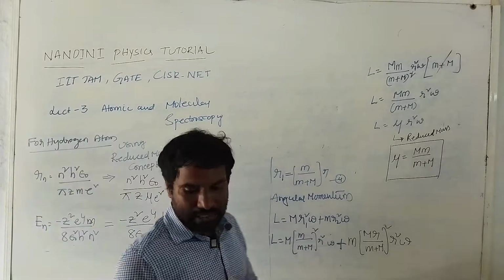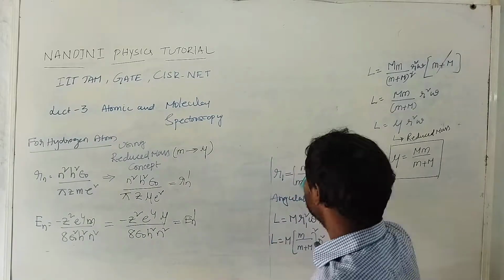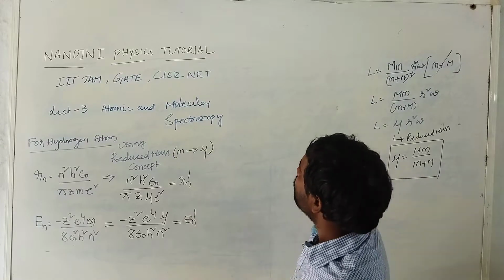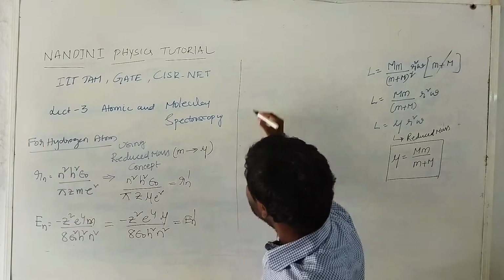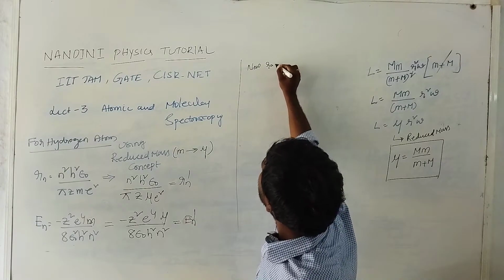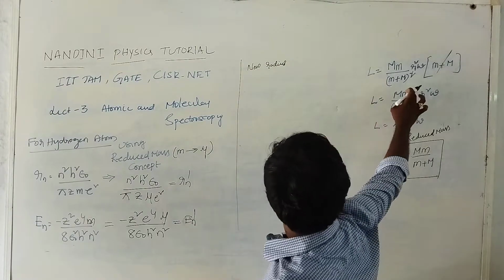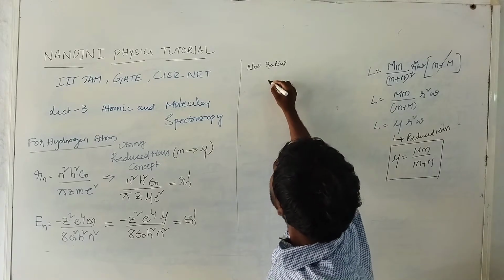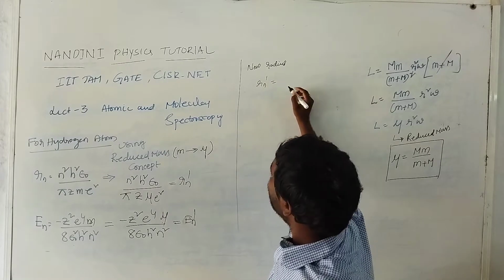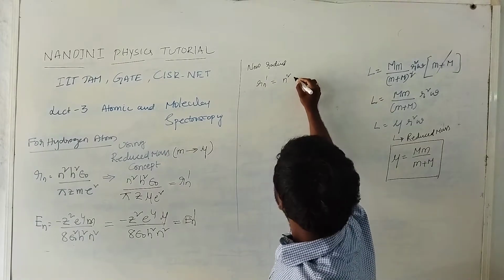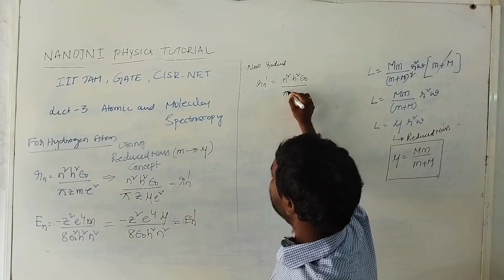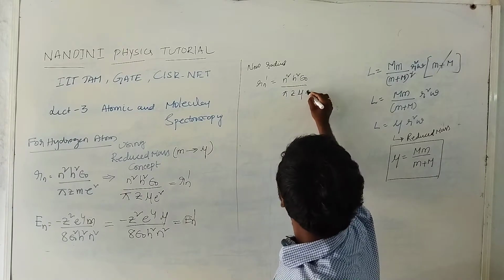Once again I change these equations. What is our new radius from the reduced mass concept? Rn dash is equal to n square h square epsilon naught divided by pi z mu e square.